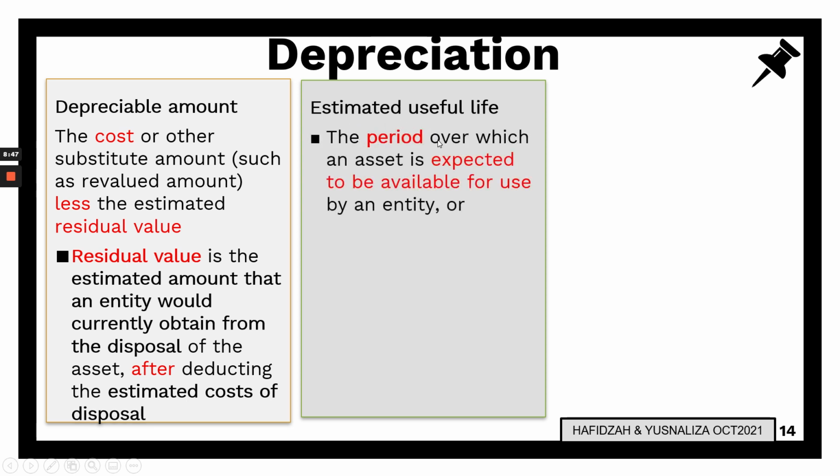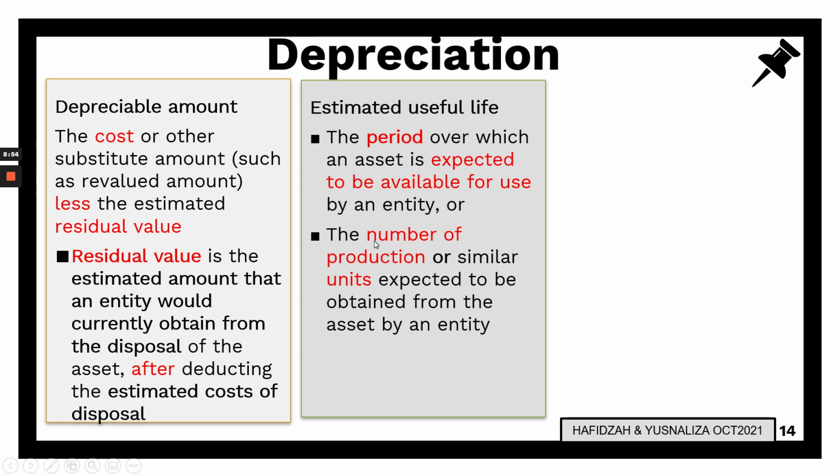And estimated useful life is the period where the asset is expected to be available for use by the entity. Estimated useful life can be in number of years, or it can be in number of production units that are expected to be obtained from the asset. Let's say for a machine, how many units will be able to be produced at maximum. That can also be used as the useful life.